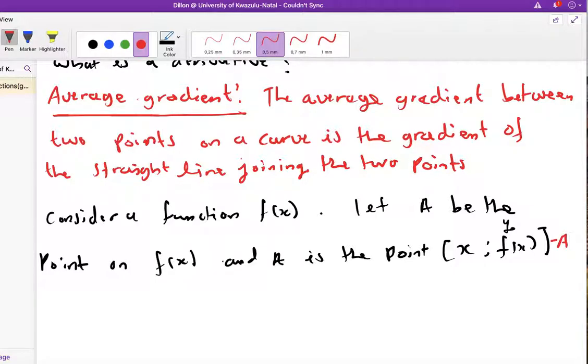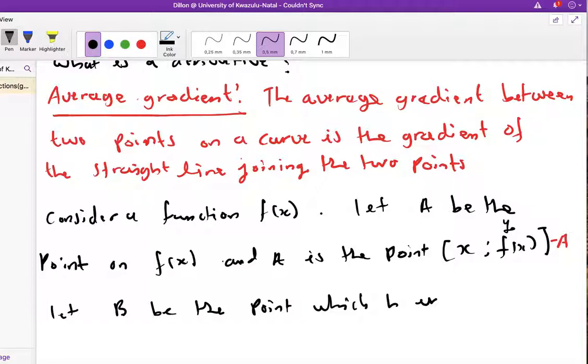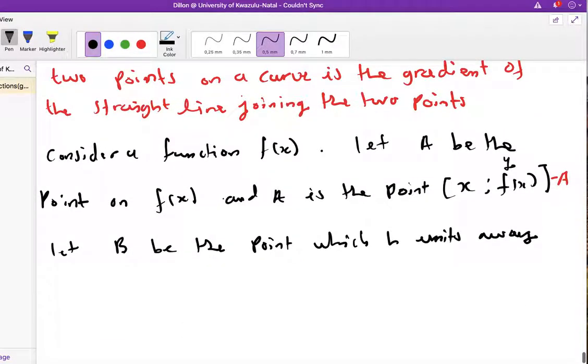And then we're going to say let b be the point which is h units away from a.